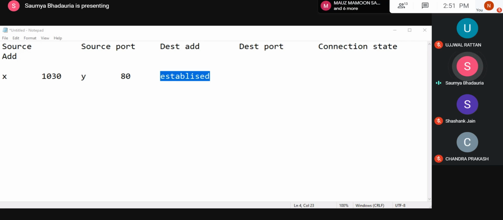Now, the usage of a circuit level gateway: we can use it in a situation in which the system administrator normally trusts the internal users. In such a case, the gateway can be configured to support application level or proxy services on the inbound connections and circuit level functions for the outbound connections.